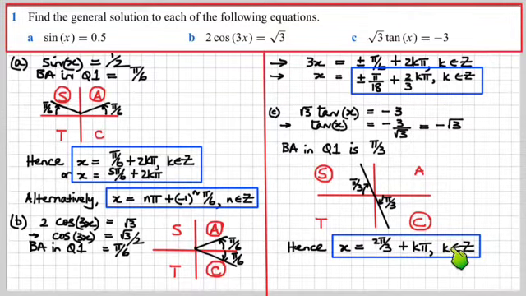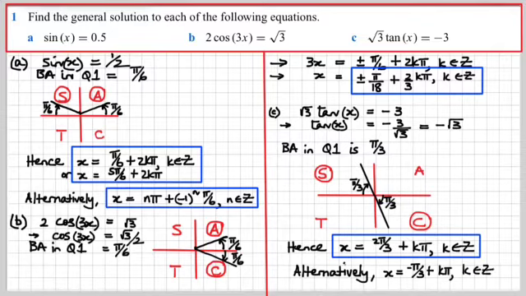Now, guys, I could have easily said x was minus pi on 3 plus k pi. I could have done that. So, there's different ways of expressing the same thing. You see, that's what I could have done, and there's another one I could have done too. I could have also said that x is 5 pi on 3, which is another way of saying minus pi on 3.